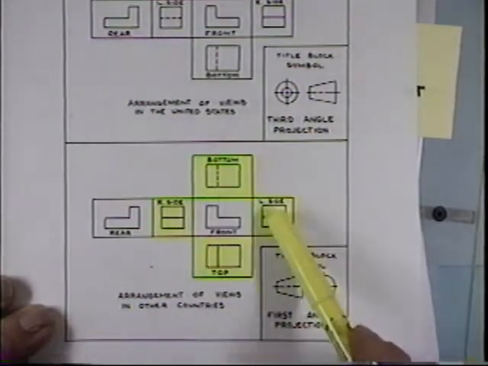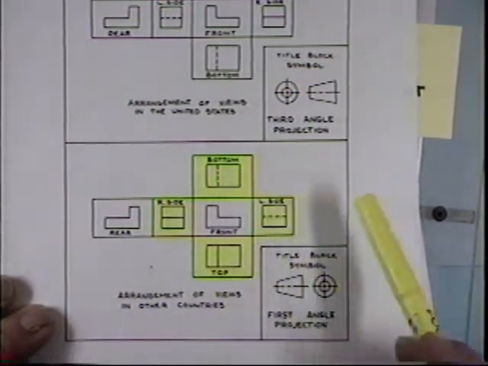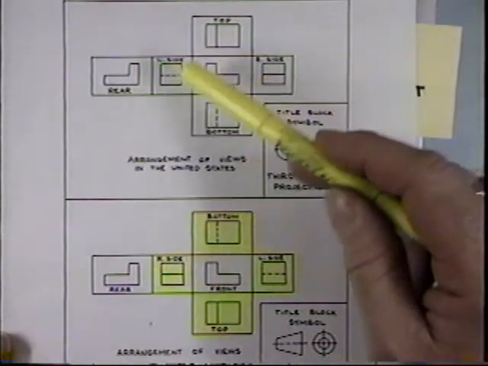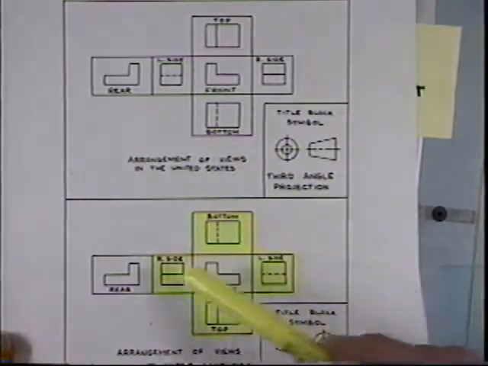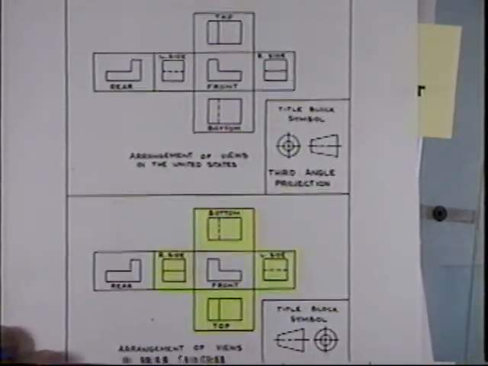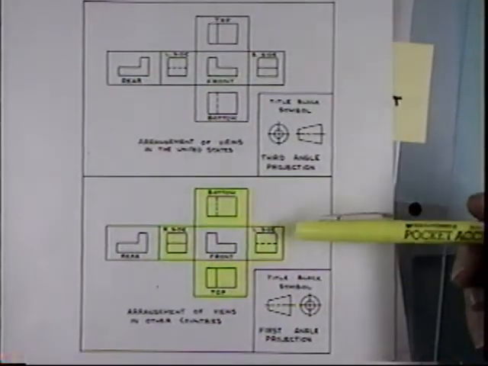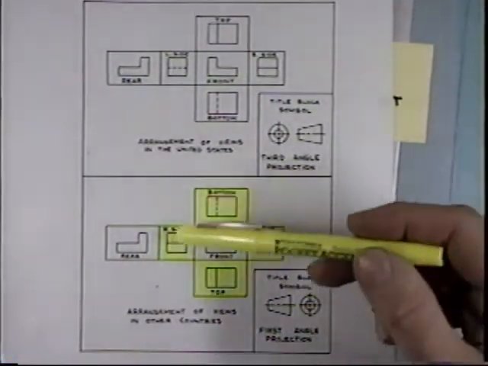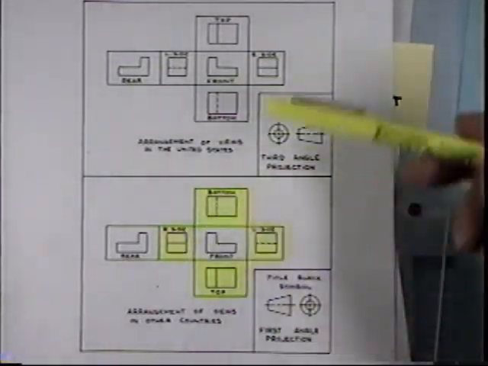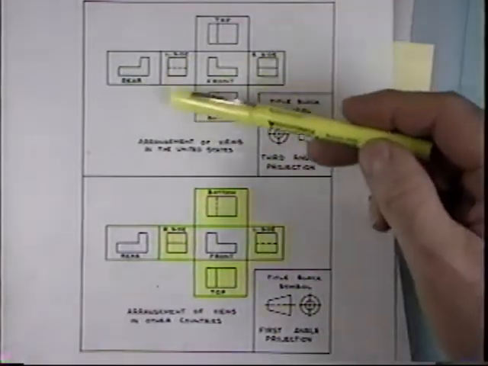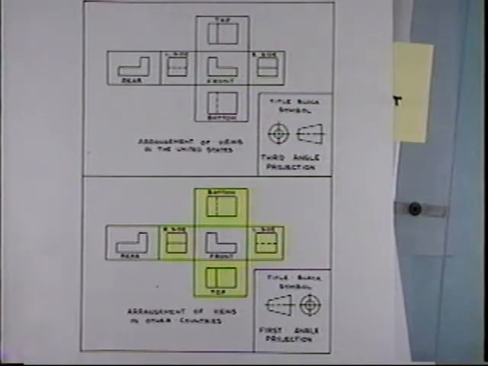These four views that are colored are just these four views put into different positions. They're working in the first quadrant with foreign projection, and it looks somewhat foreign, doesn't it? And this is more logical, this is third angle projection, and that's pretty much what we use in the United States.